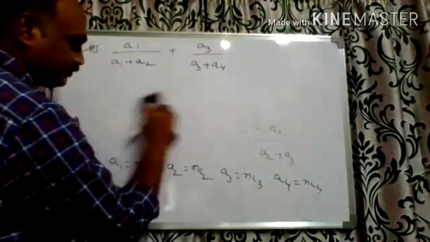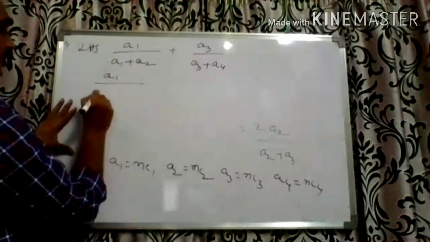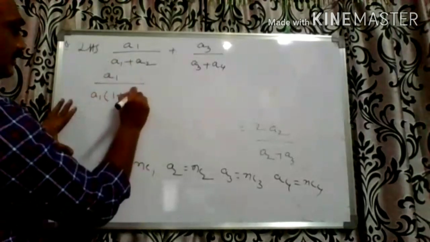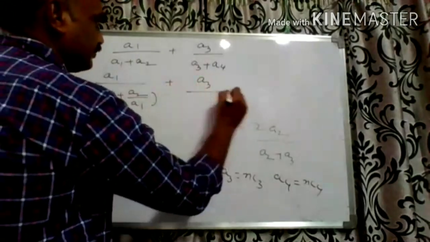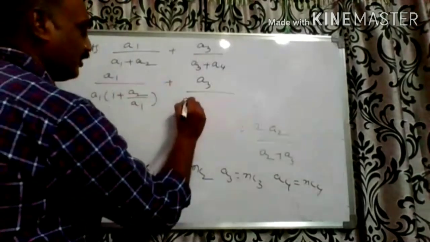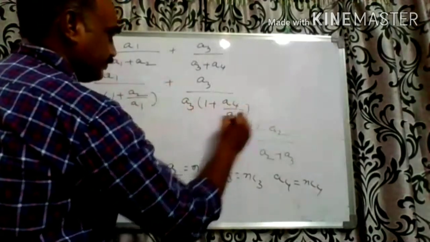This is LHS. Take A1 common: A1 into (1 plus A2 by A1), plus A3 by, take A3 common, A3 into (1 plus A4 by A3).